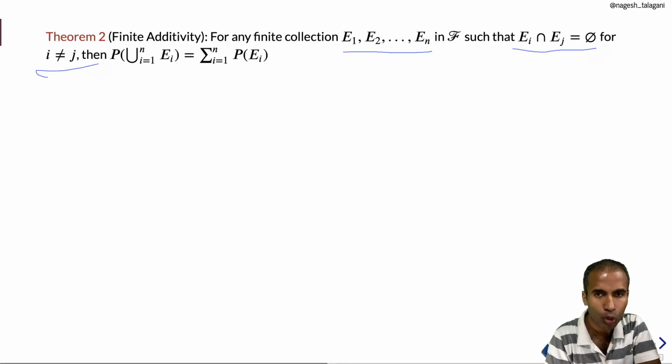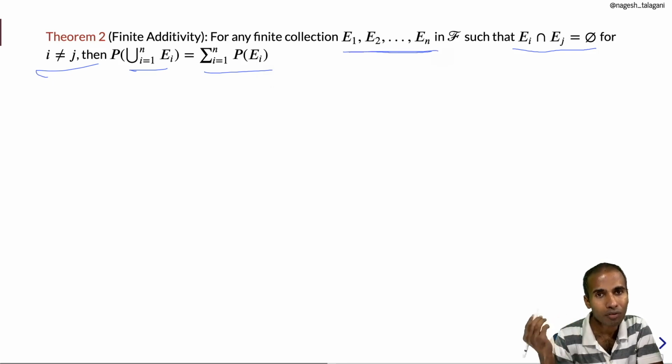Then we have to show that the probability of the union i equal to 1 to n of Ei equals the summation i equal to 1 to n of the probability of Ei, which is the finite additivity property. Here the idea is to extend the given finite collection of mutually exclusive events to a countable collection of mutually exclusive events so that we can apply axiom 3.